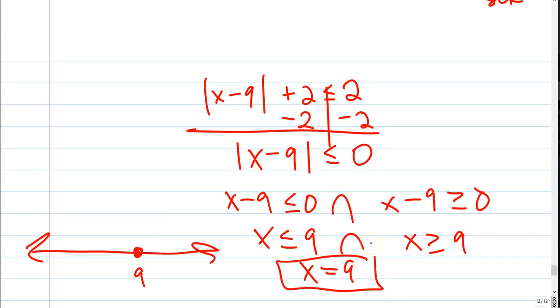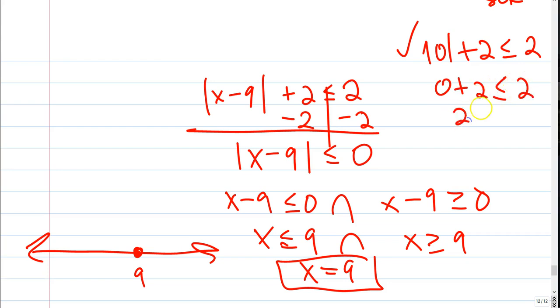I cannot have a number that is both less than and greater than, but since they both have equal to, x can equal 9. And once again, you could check it. 9 minus 9, absolute value of 0, plus 2, less than or equal to 2. 0 plus 2, less than or equal to 2. 2 is less than or equal to 2. That is our answer.